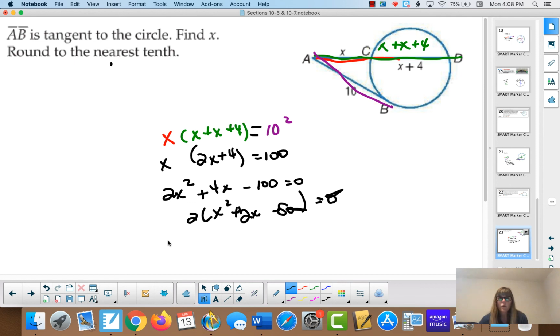So quadratic formula is negative b. B is 2. Now it's plus or minus, but if we took negative 2 minus a number, that's going to be a negative number. And again, x can't be a negative number because that length can't be negative.